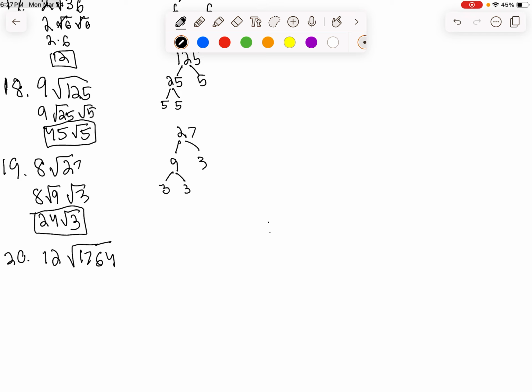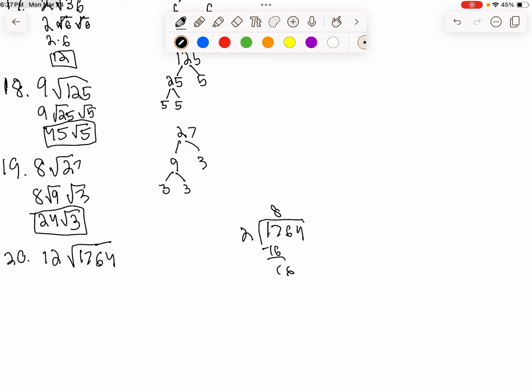So, when you have a big number like that, you want to just try and break it down as much as you can. So first, I see it's even because of the 4. I'm going to divide by 2 because I don't know the factors of 1,764 off the top of my head. So 2 doesn't go into 1. 2 does go into 17 8 times.